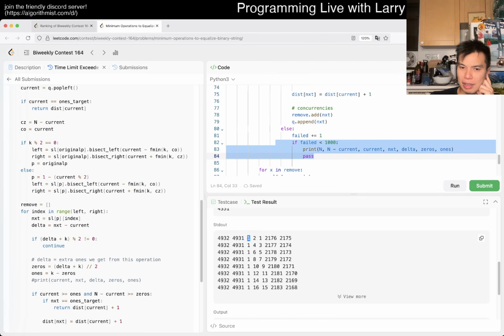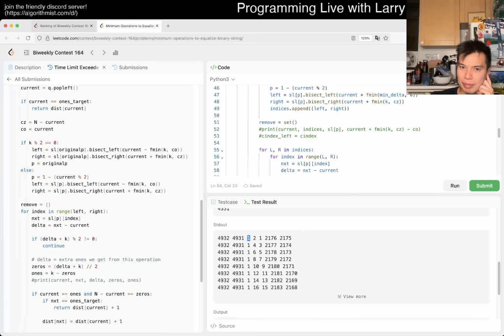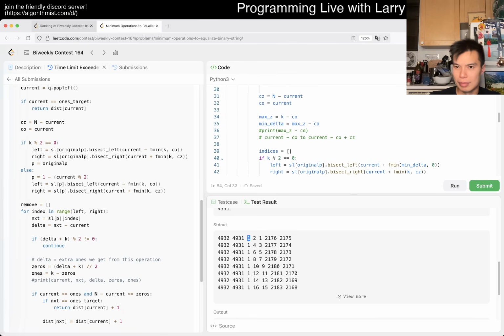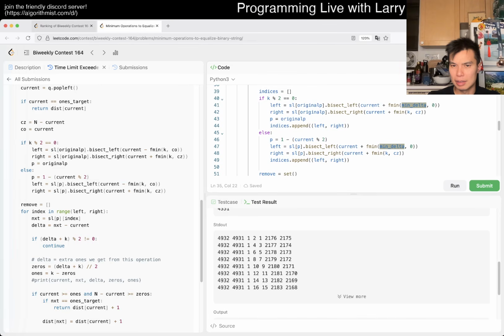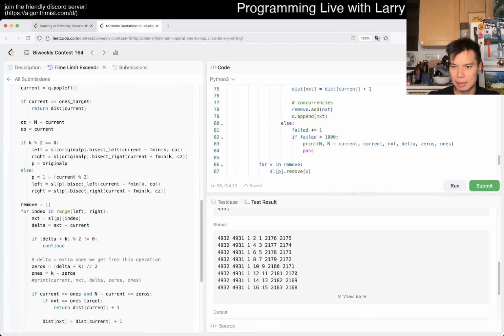Okay, so this is once, this is again. Okay, you have 1 1. Did I not get? No, I got it in both places. Okay, let's print out min delta.